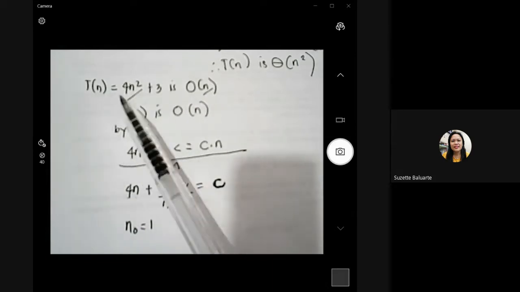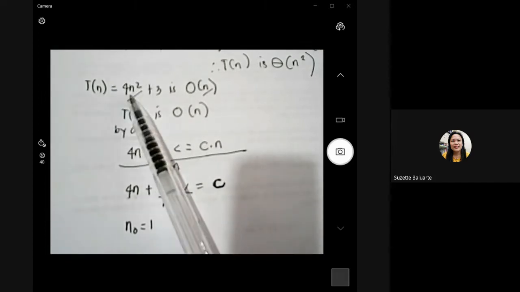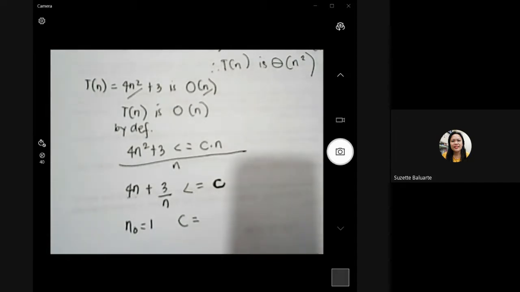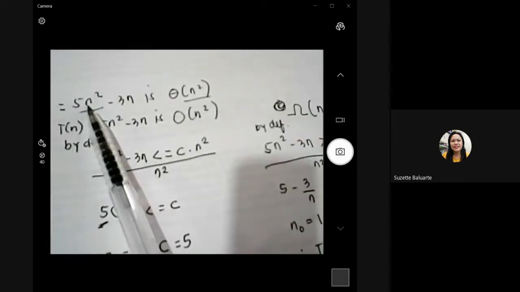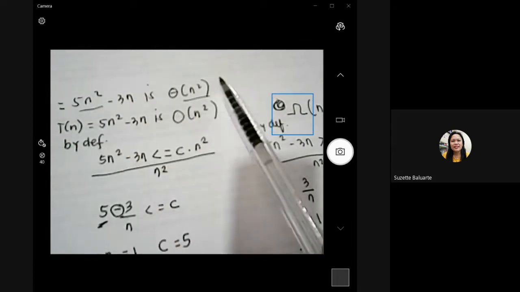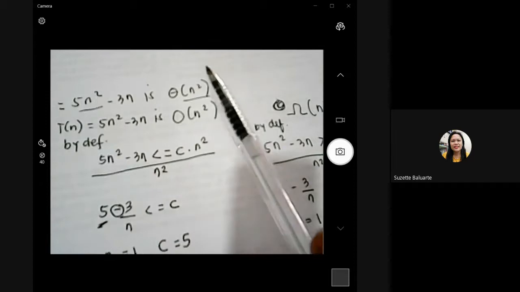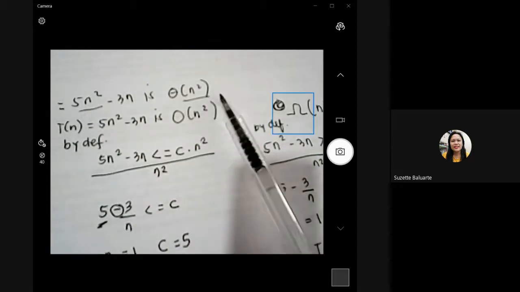So, kung ari ka sa omega, mahimo siyang big omega kung kani siya mas dako kay diri. Correct? Or like sa example, pwede magpareha. So, it could be either big O or big omega na situation.